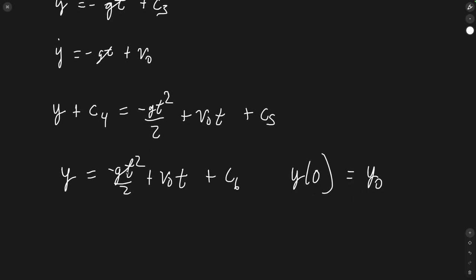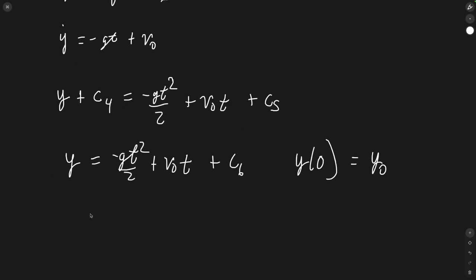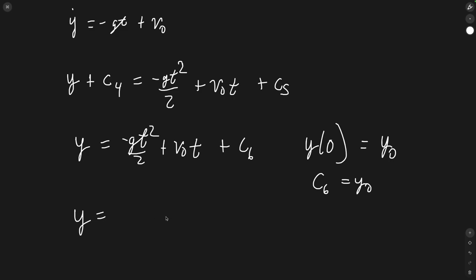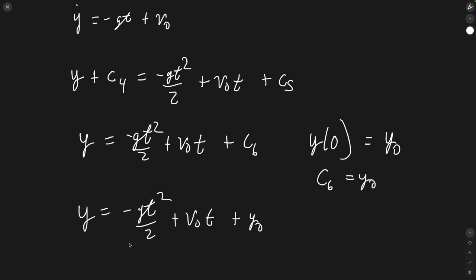And so I put 0 in here, and I see that y naught equals c6. So y equals minus gt squared over 2 plus v naught t plus y naught. And here we have our equation of motion of the height of an object in free fall. All right. So that's all good.